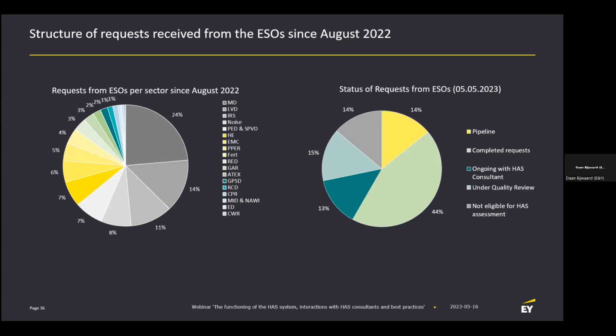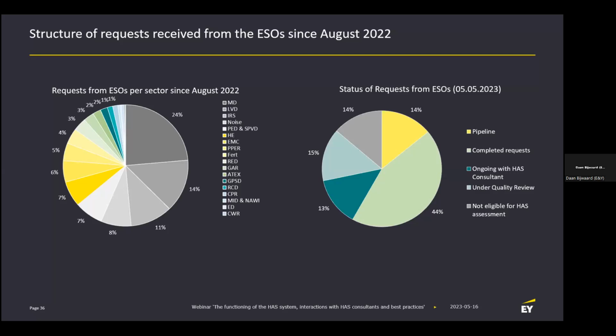Since the start of the actual assessment work, which started in October last year, with the first ones completed in November, we have received about 800 requests from the ESOs, of which about half have been completed so far. We are at 44 percent, as you see in the slide currently.